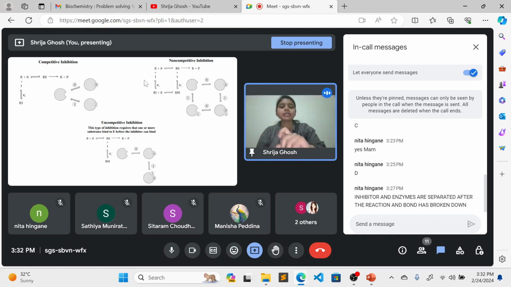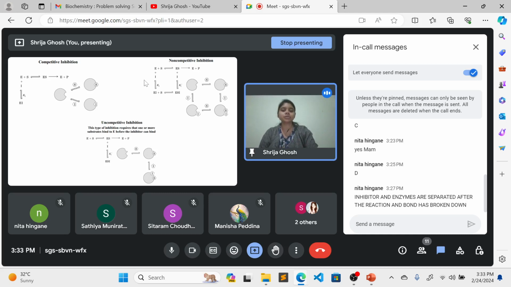So what is happening in competitive inhibition? There is one catalytic site and both substrate and inhibitor are binding to that same site. So there is a competition. If the substrate concentration is higher than the inhibitor concentration, what will happen? The substrate can bind to the enzyme, it can actually replace the inhibitor, basically it will win the competition.